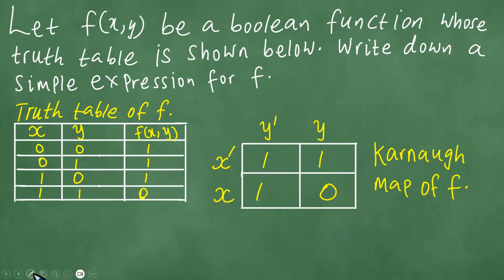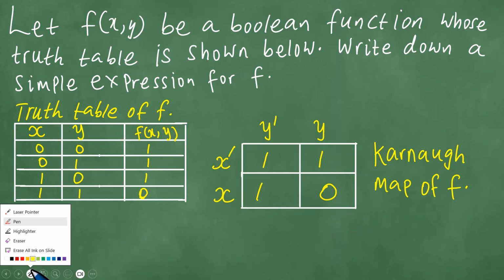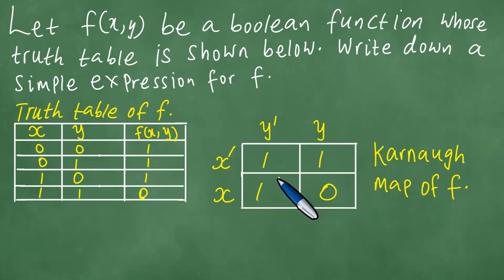Next, we look at the simplified expression of the Karnaugh map, but also let's first look at the possible decomposition of the 1 values. The ones can be associated this way because this corresponds to the y primed column. But this one here also corresponds with this particular row of x primed.